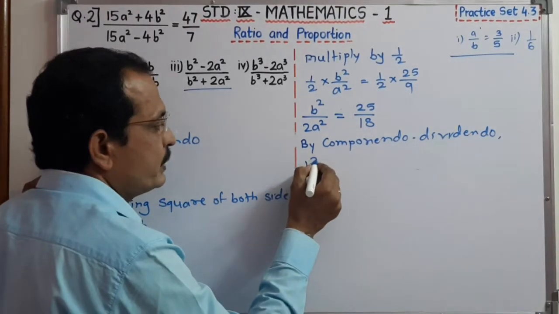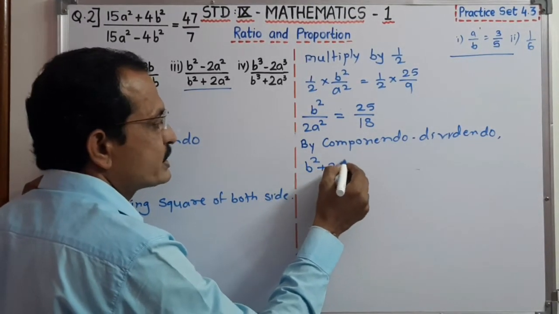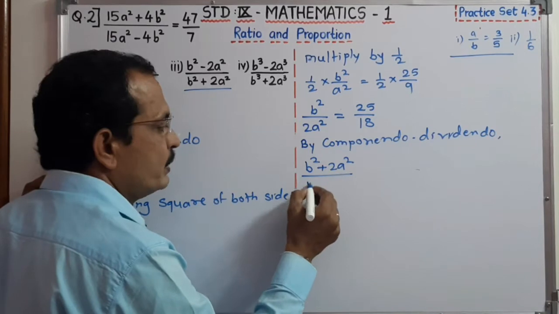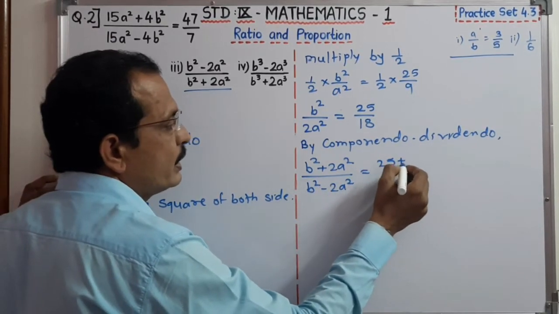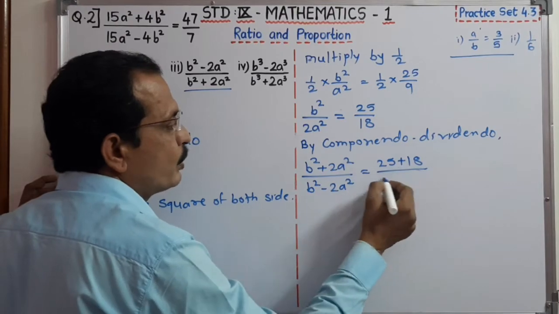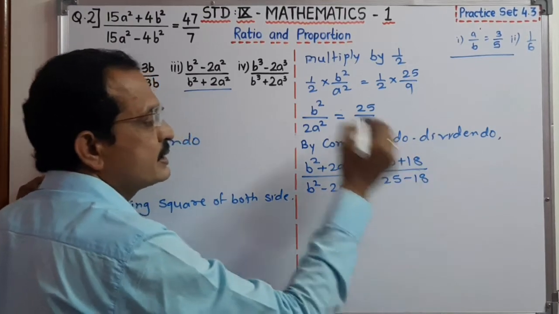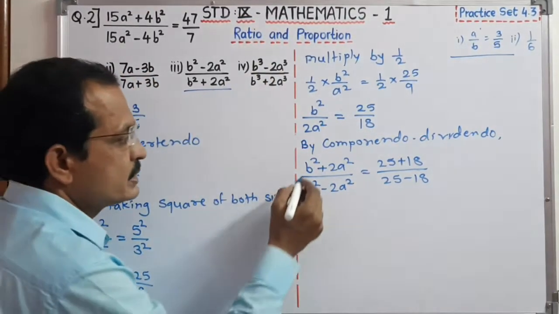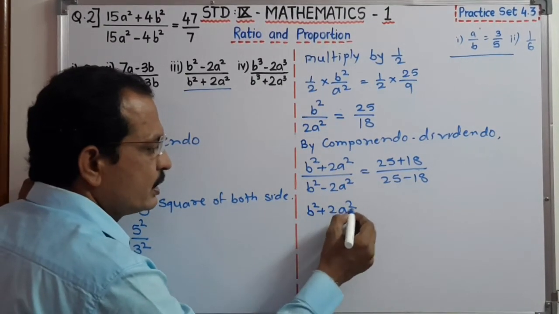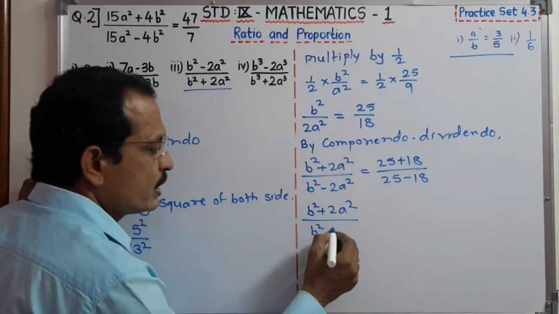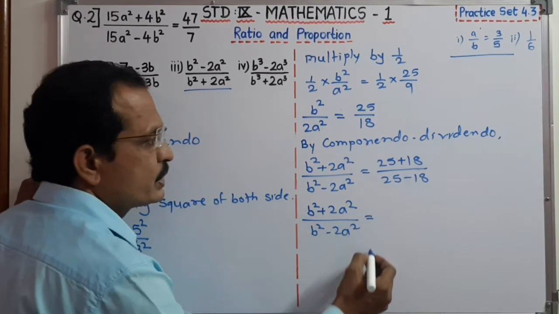Therefore, we get b square plus 2a square upon b square minus 2a square is equal to 25 plus 18 upon 25 minus 18.